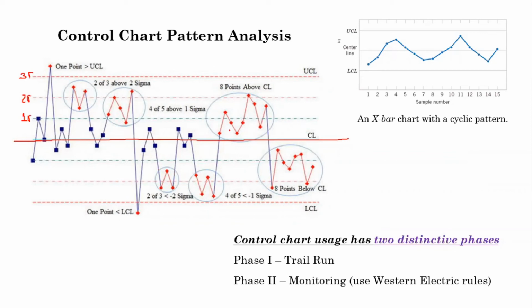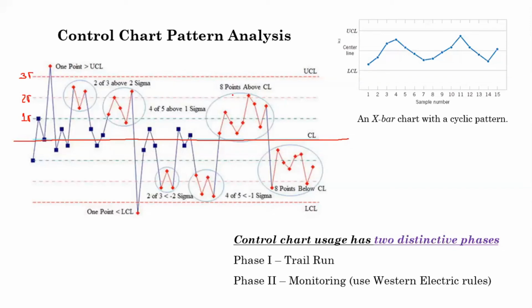Or when you look at this, 8 of the data points from the samples are above the center line consecutively. So 1, 2, 3, 4, 5, 6, 7, 8, 9. Here there are 9.